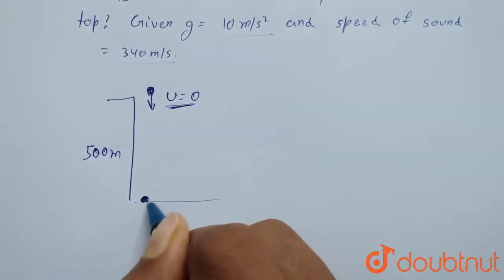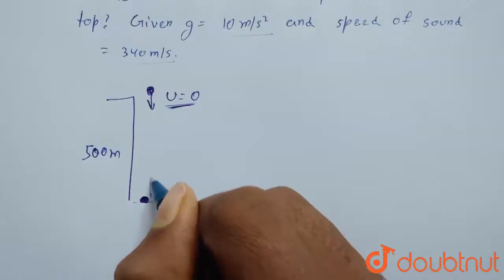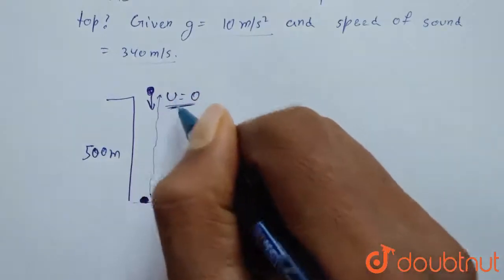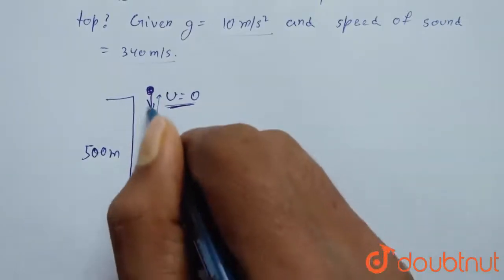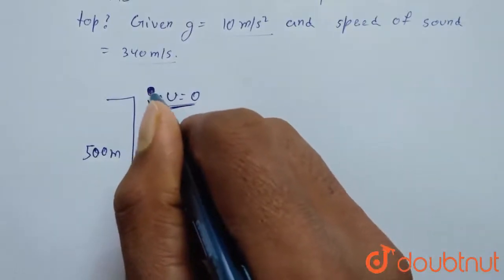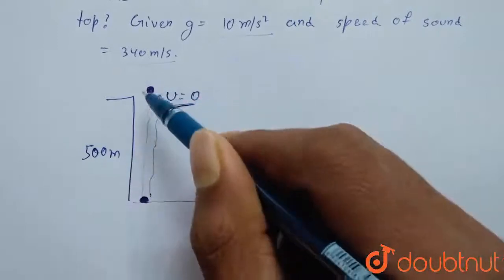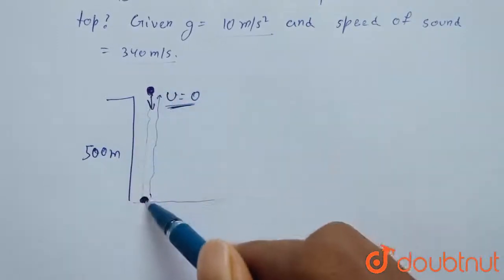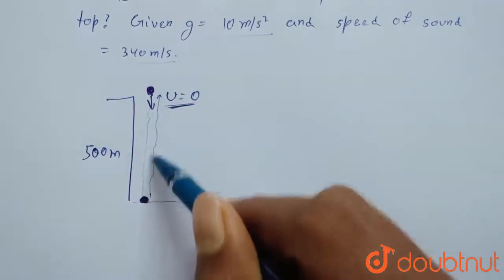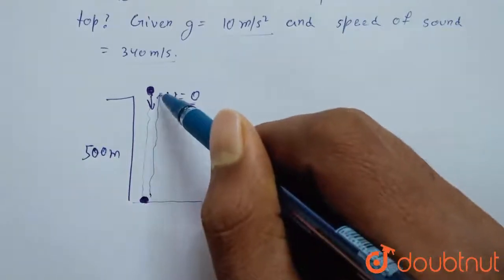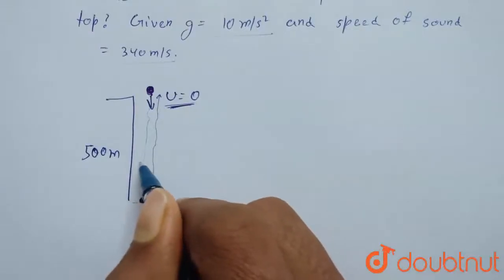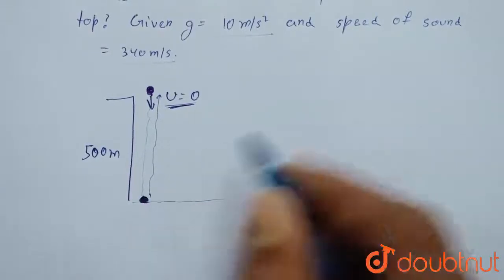When it splashes, the sound of the splash will take some time to reach the ears of the person. So we have to find the total time, that is the time taken by this stone to come to the water and splash, and the time taken by sound to travel to the ears. So first we will find the time taken by the stone to come to the ground.